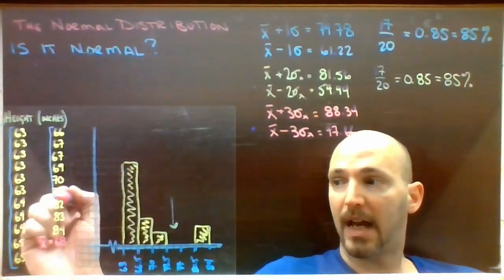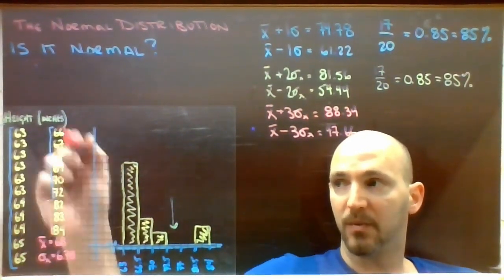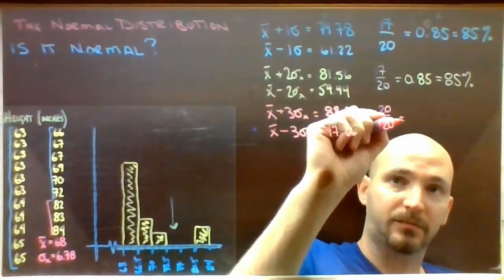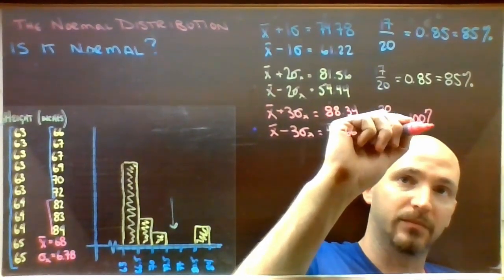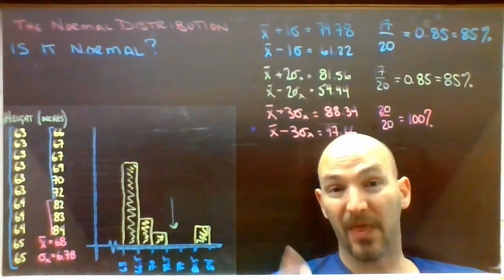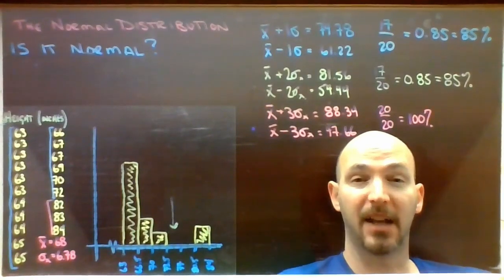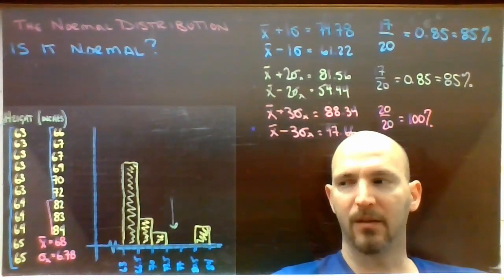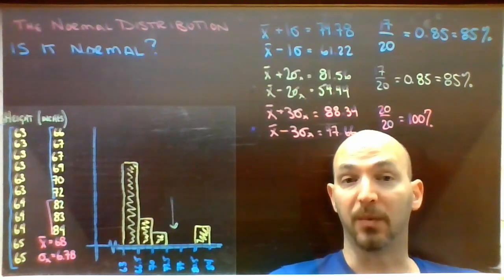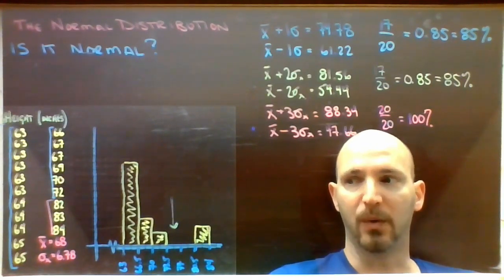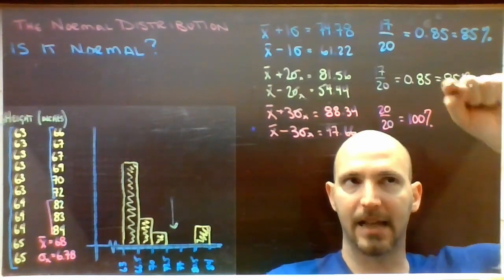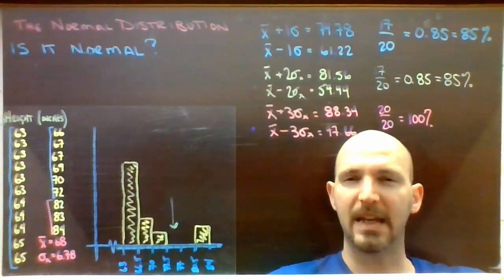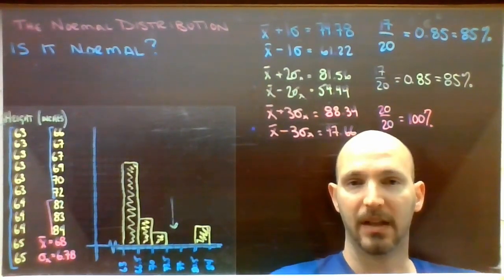So 88 will catch all of these numbers, so I end up with 20 out of 20. That's 100%. That one's okay. I was expecting 99% and I got 100. That's pretty close. And with all of these, we're approximating a normal distribution anyway. So you'll never get exactly 99, exactly 95, and exactly 67. As long as you're within a reasonable approximation of those numbers, then you're okay.